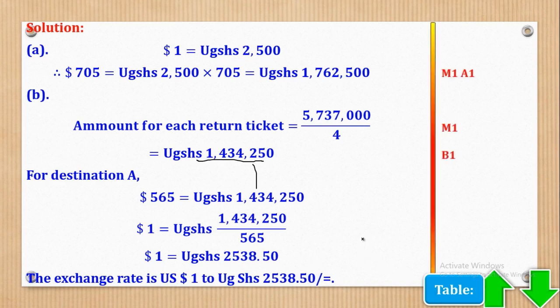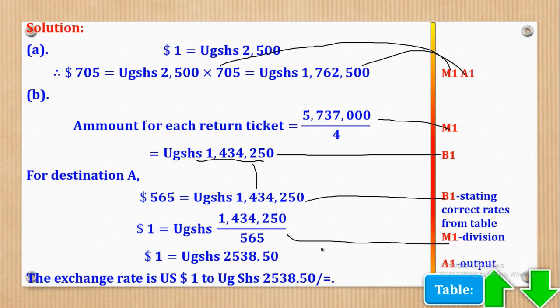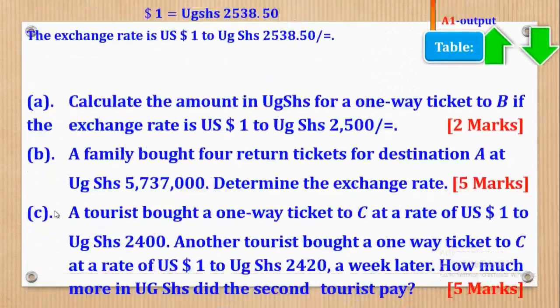Therefore, before we go to the next slide, let's see how much can be awarded for this slide. So M1 for this multiplication, A1 for the output, M1 for this division, B1 for this output, B1 for stating the correct rates from table, M1 for division, and A1 for output. So that was part B.